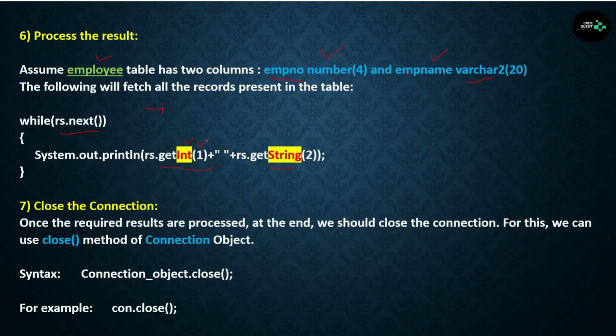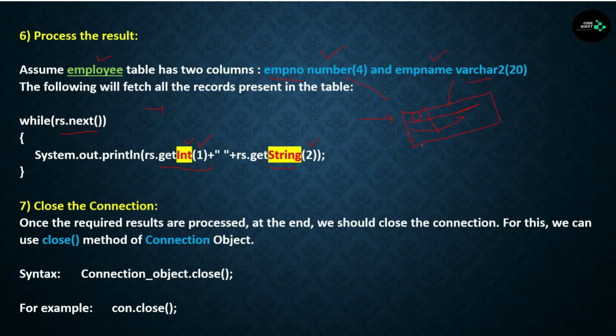And what these 1 and 2 are, they are nothing but the column positions. Because here, once I get some records, there are two columns. One is employee number, the other one is employee name. Once my result set cursor is at this position, I mean at the first record, in order to fetch this column value, I'll be writing rs.getInt of 1.